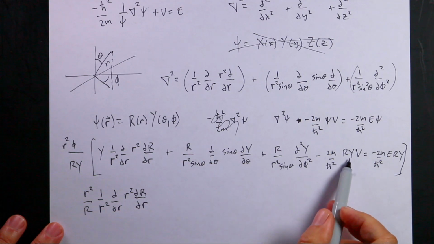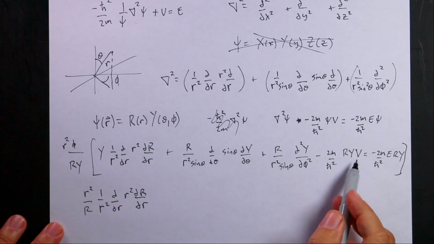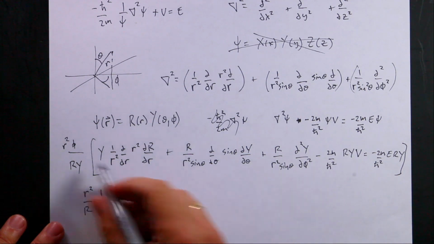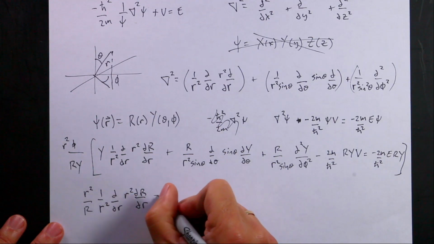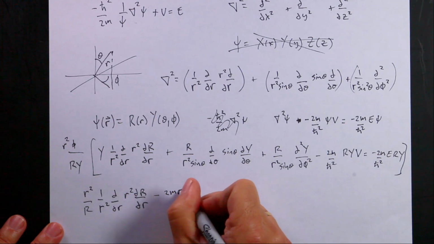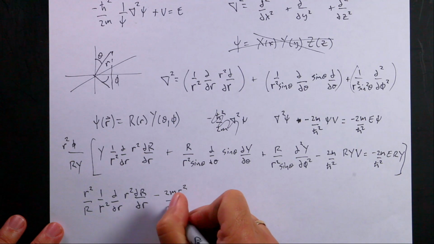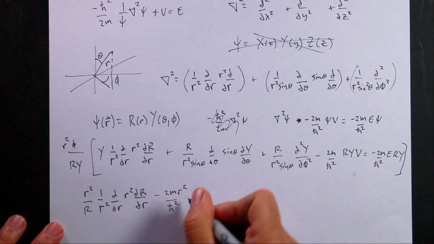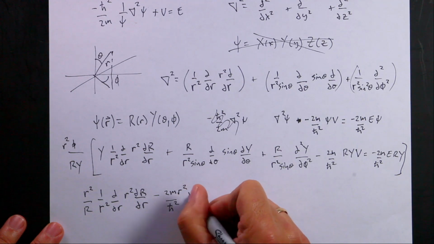And then I'm going to move this term over here too. In this term the ry is going to cancel. So I get minus 2m r squared over h bar squared v.